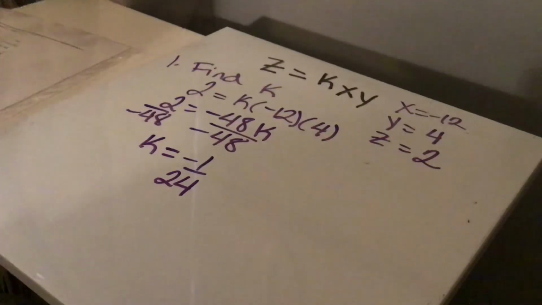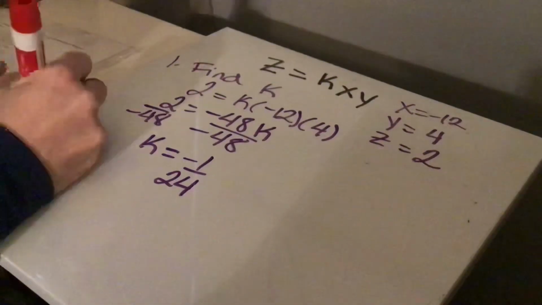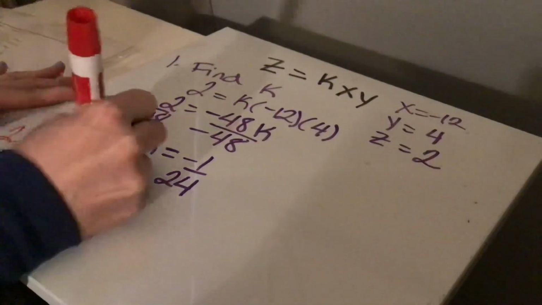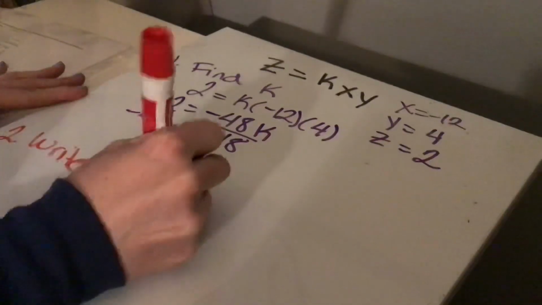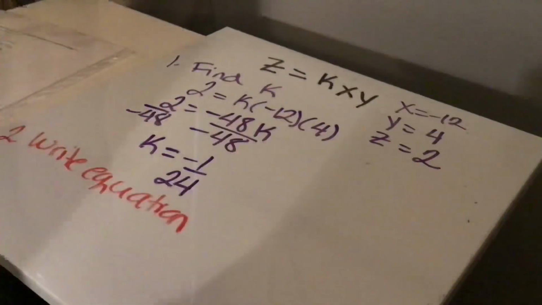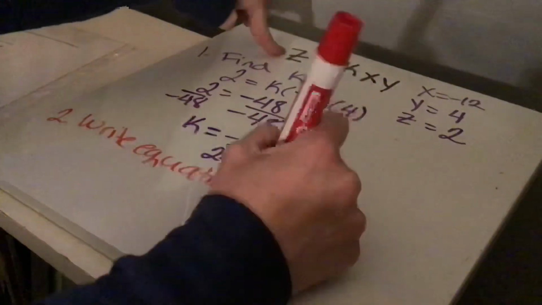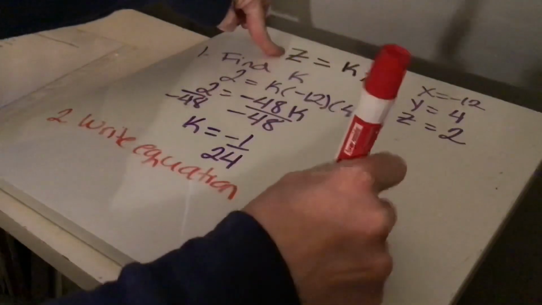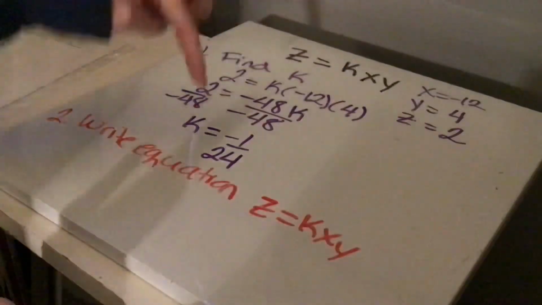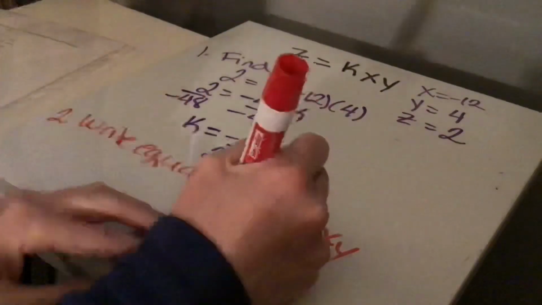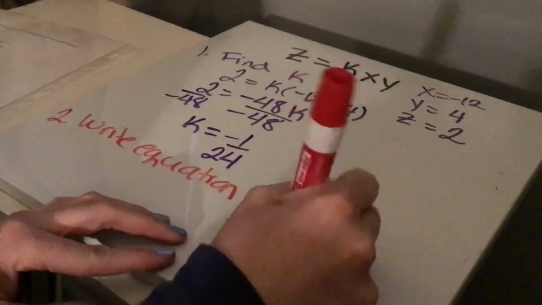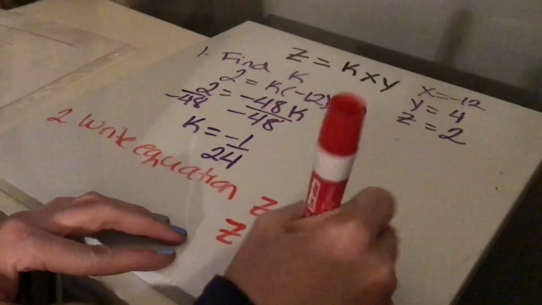Once you have the value for k, then write your equation. All right, so that means varies jointly. So z equals kxy. You just found k, so then z equals negative 1 over 24 xy.